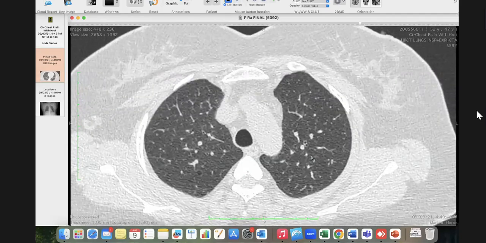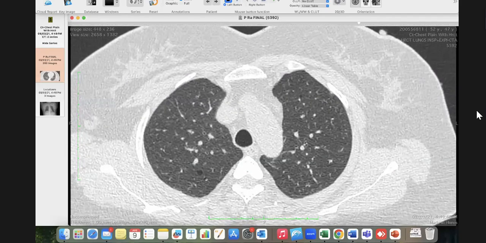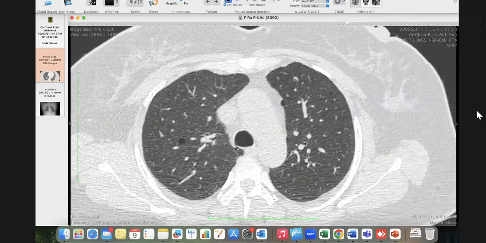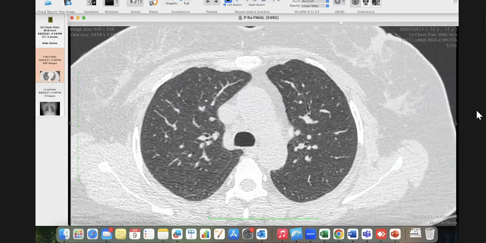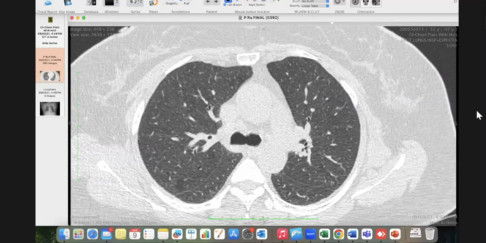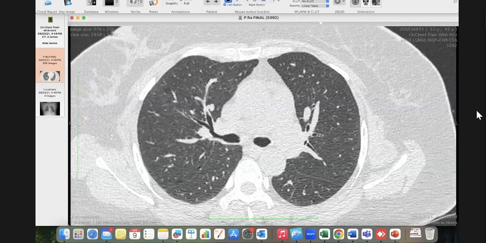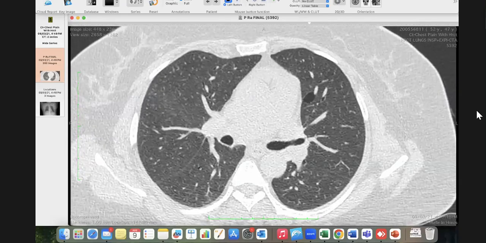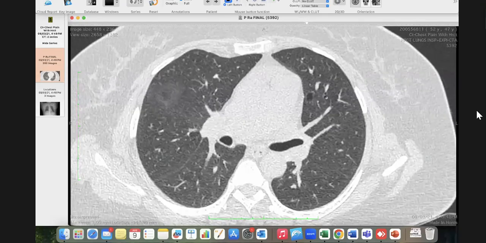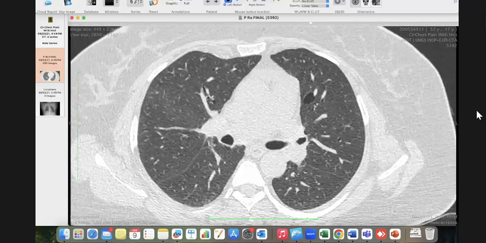And as I go down, I see the cystic structure, another cyst, another cyst. And these cysts help me to make my mind sure that there is subtle ground glassing because these are definitely darker than these areas.